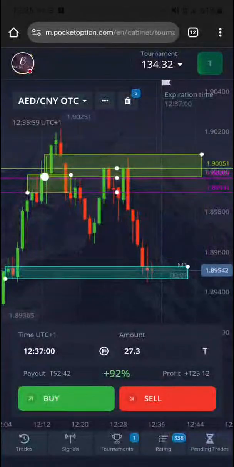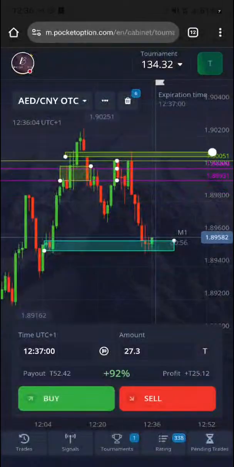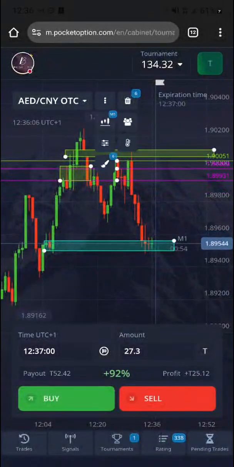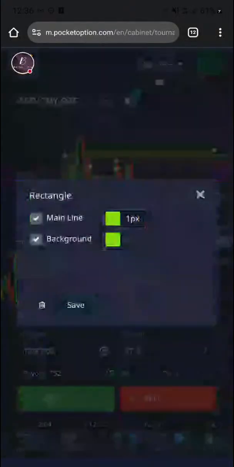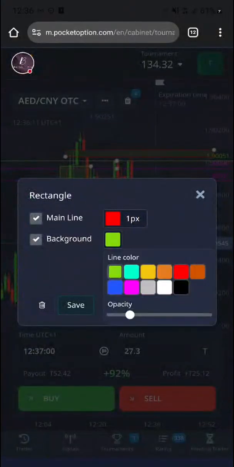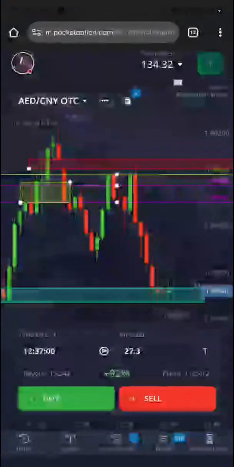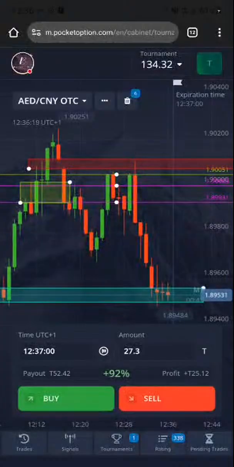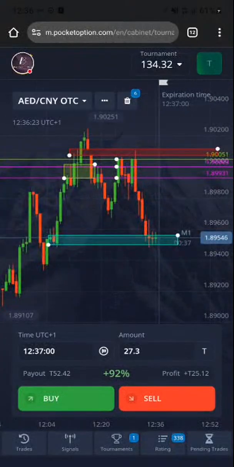You see this empty space, this gap is a supply area where the sellers are, and you can see the sellers are actually reacting from that area. They are very strong sellers. That's why this momentum is strong to the downside.